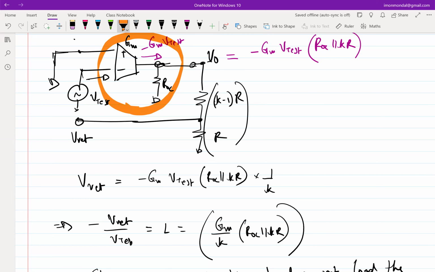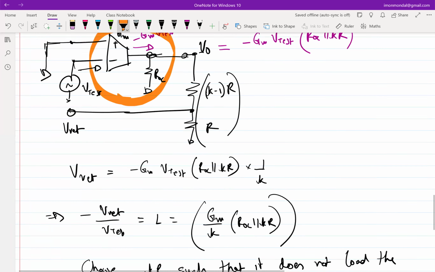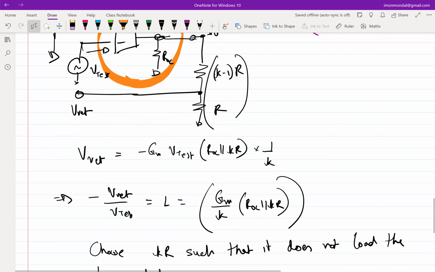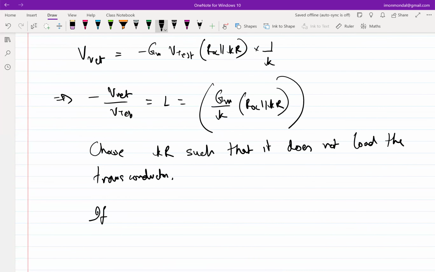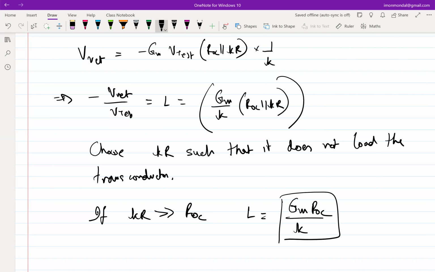So I will design this entire stuff in such a way that KR is much greater than ROC. Right? So if KR is much greater than ROC, then what is the loop gain? Then your loop gain becomes GM times ROC over K. Right? So essentially, the loop gain becomes the gain of the diff amp divided by K.